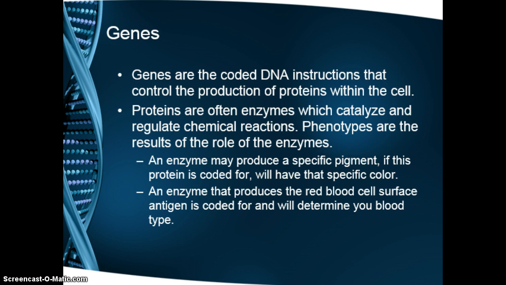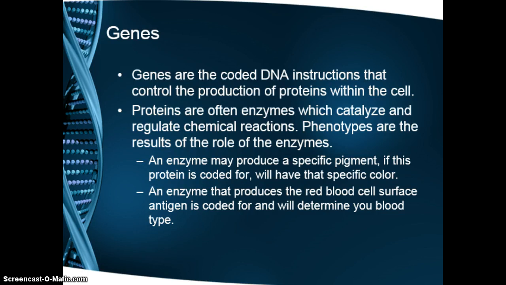So for example, there might be an enzyme that will produce a specific pigment, and if this protein is coded for that, if we create this protein that will then become this enzyme, the plant might have a specific color. Also, if this protein makes an enzyme that produces a specific red blood cell surface antigen, it'll determine your blood type.